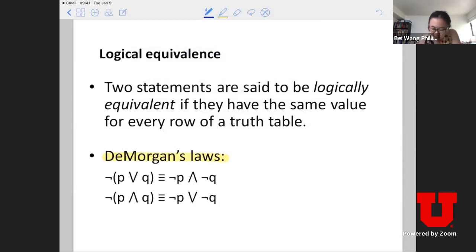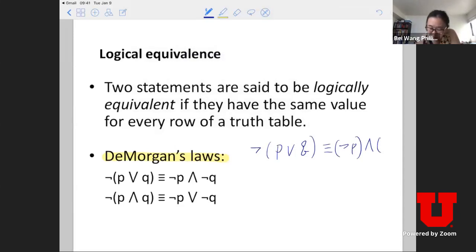It says that if I have a pair of variables P or Q that is connected by the OR operation, if I take the negation from the outside, this is logically equivalent to bringing the negation inside and flipping the arrow.